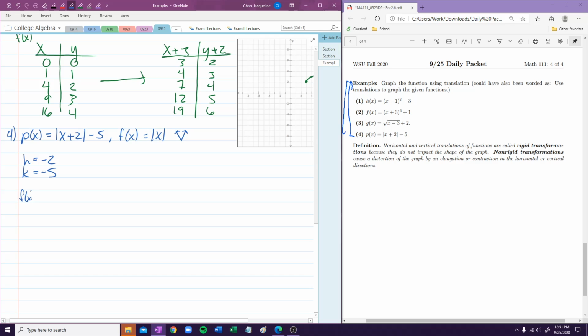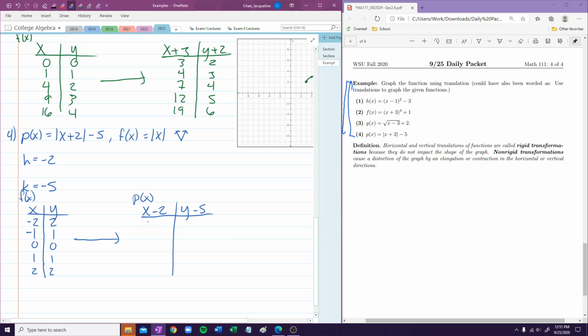Okay, so what does f of x look like? F of x, the table itself. Okay, so it's negative 2, negative 1, 0, 1, 2. Alright. So we want to look at p of x. So p of x, okay, what are h and k? So we have x minus 2, and then we have y minus 5. Alright, so again, negative 2 minus 2, that's negative 4.